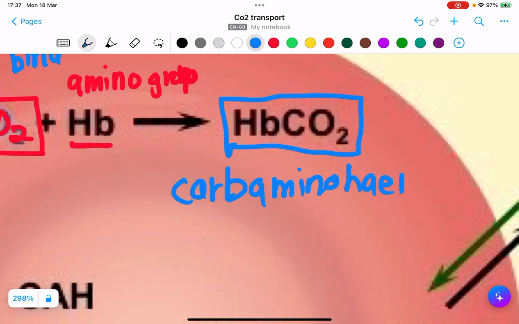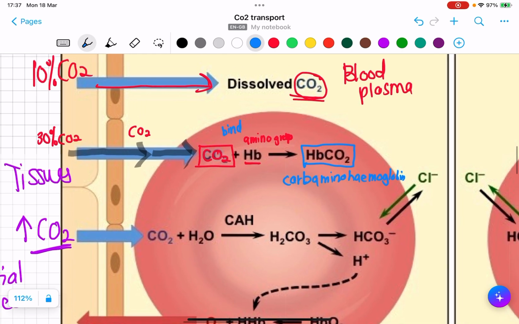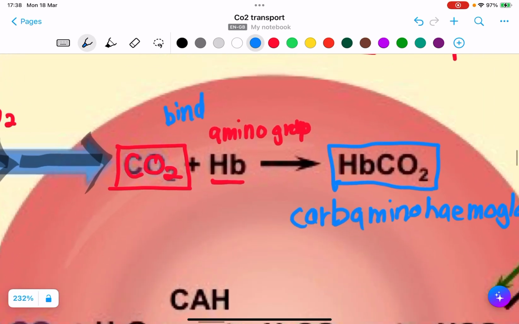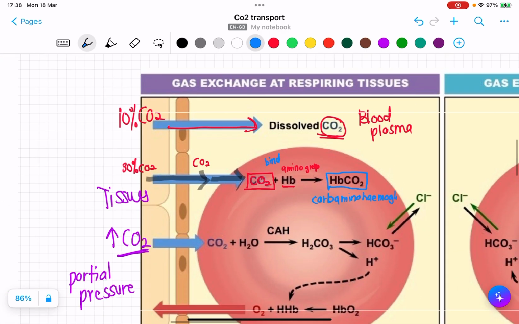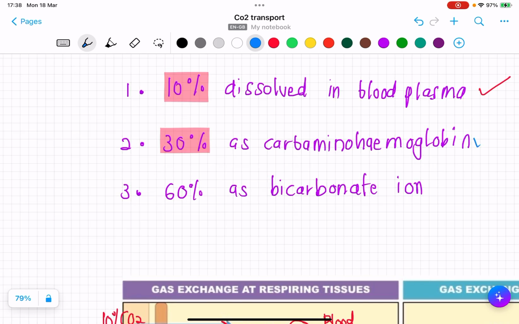Carbaminohemoglobin sebab dia bind dekat amino group hemoglobin. Carbaminohemoglobin. That's it. So ayat dia 30% CO2 dissolve in blood plasma, dissolve in the red blood cell, bind to amino group of hemoglobin to form carbaminohemoglobin. So that is the second step. Settle. Bukan second step, second pathway.